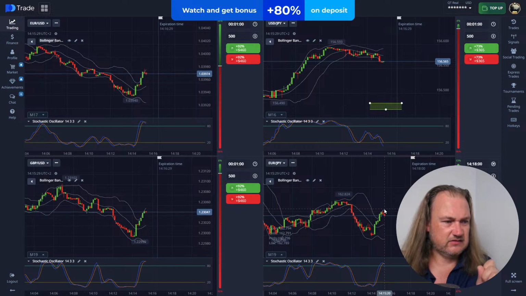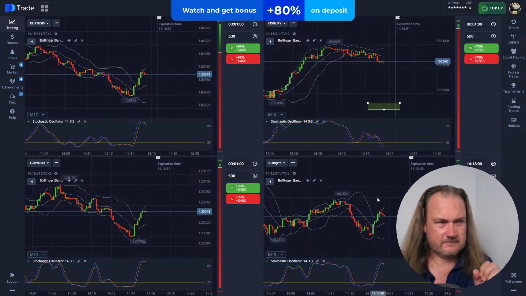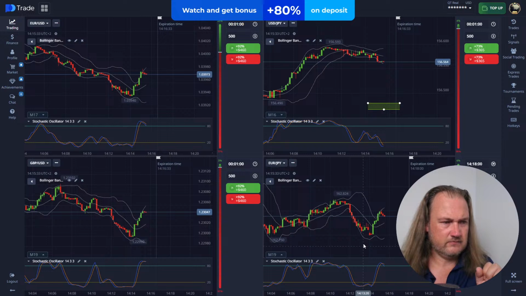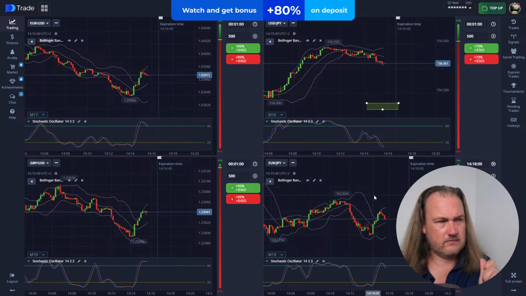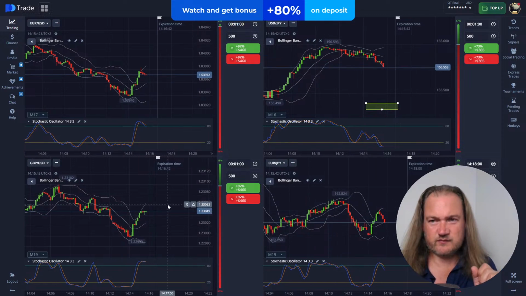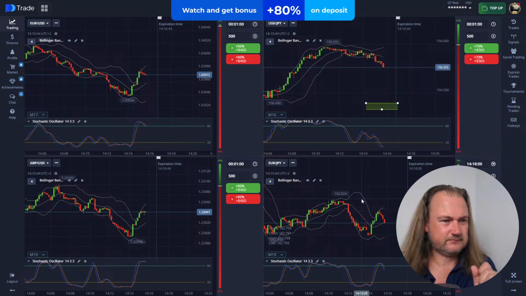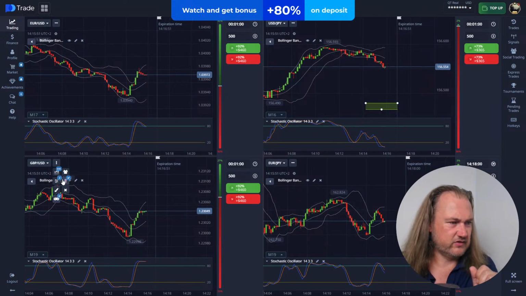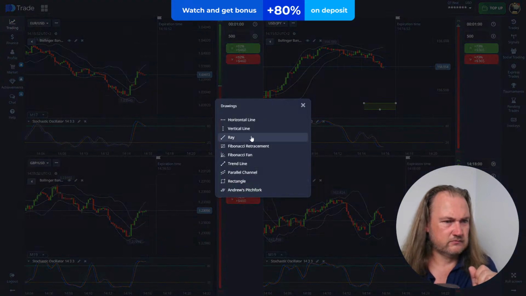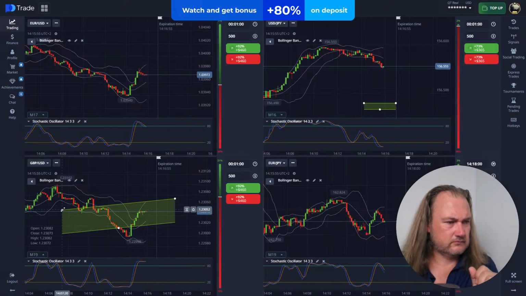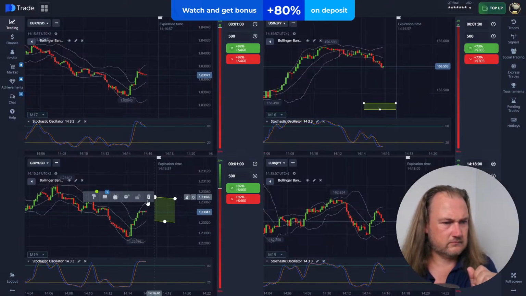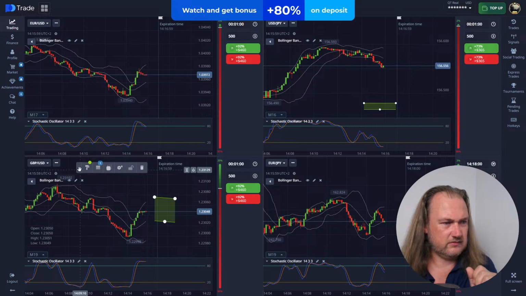This one's still valid. Although if I wanted to take it, I should have probably been in already. Okay, so there's what looks like the beginning of a range.